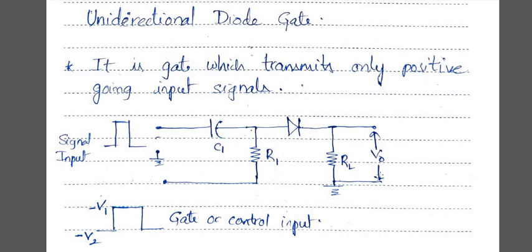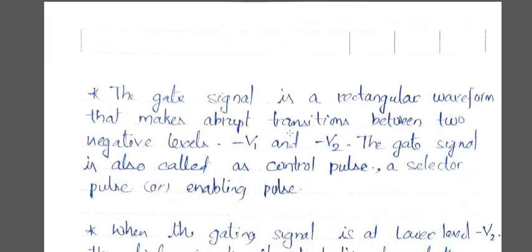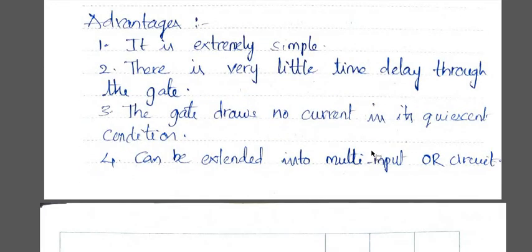Now I'll say some of the advantages that we have here. It is extremely simple, you can see this part is extremely simple, right? There is very little time delay through the gate, because we have made the pulse duration very short, so there is a very small time delay through the gate.